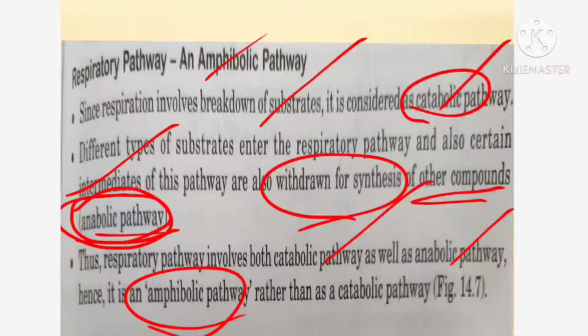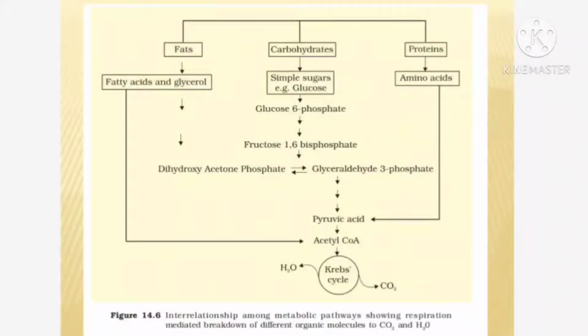Since it is producing some substances, it can also be considered as an anabolic pathway. So since it is having both the catabolic and the anabolic mechanism, it is called as amphibolic pathway, right? So this is regarding your respiratory pathway. Next, this is the diagram which is given in your book.